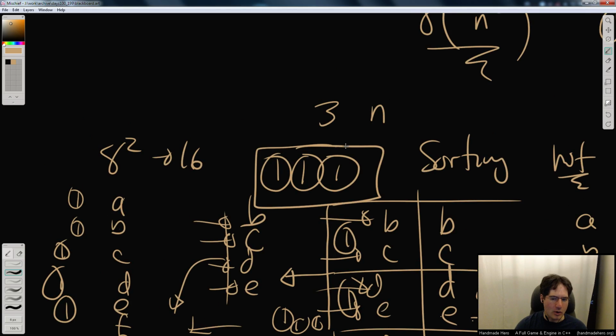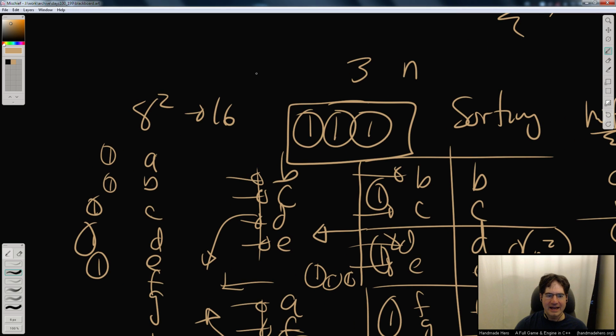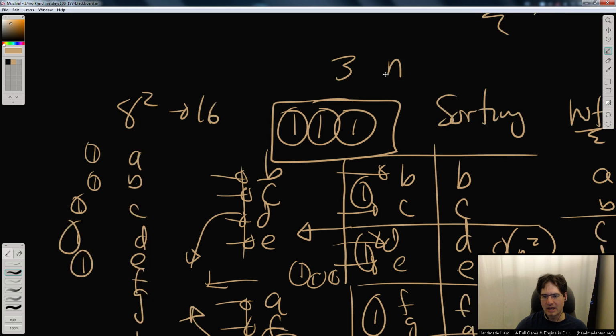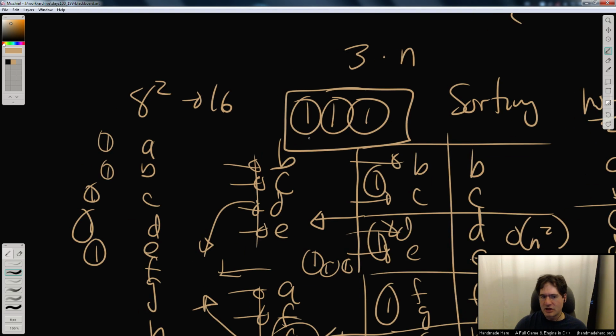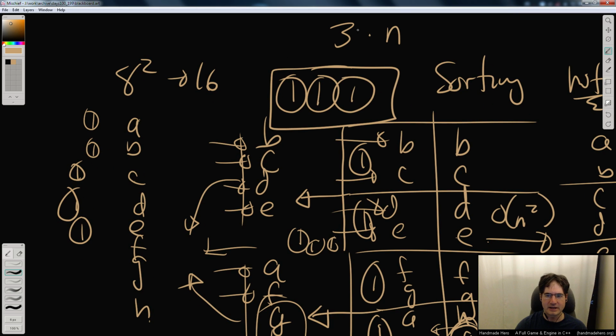So even though I gave it n inputs, instead of n squared, I actually just had 3 times n. Make sense? So this is much, much better than this would have been.